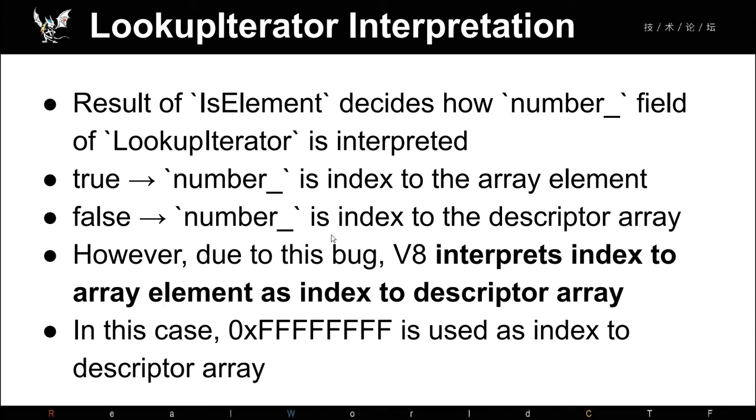And the problem is, due to this bug, V8 interprets the index to the array element, which is this value, as the index to the descriptor array. So in this case, this value is used as the index to the descriptor array, which is actually wrong.